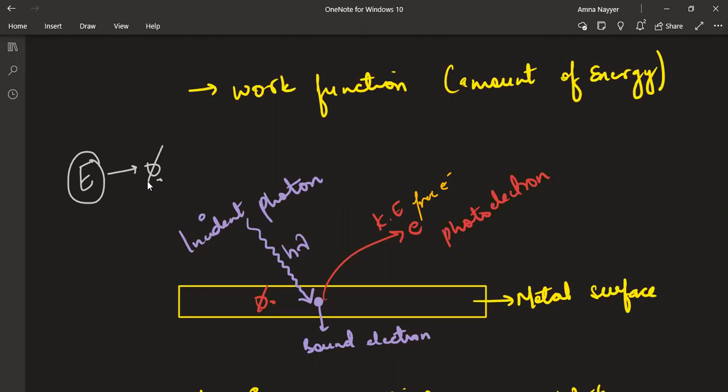So we never say that total energy is equal to the work function, because some energy remains after the liberation of the electron. If this is the total energy, this part is the work function, and the amount left is used in the form of kinetic energy.